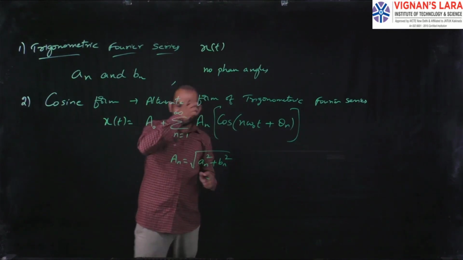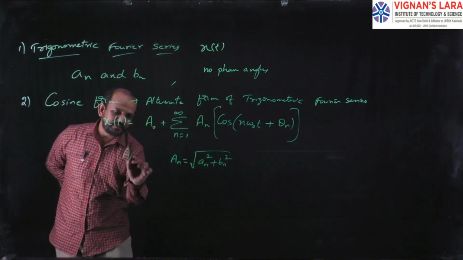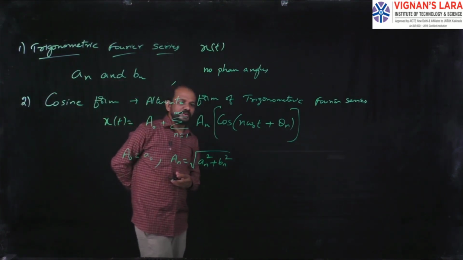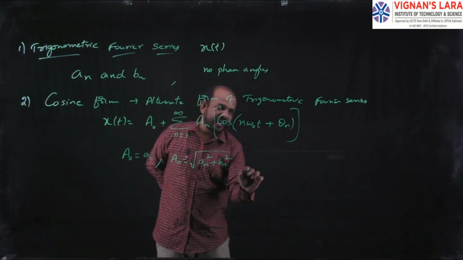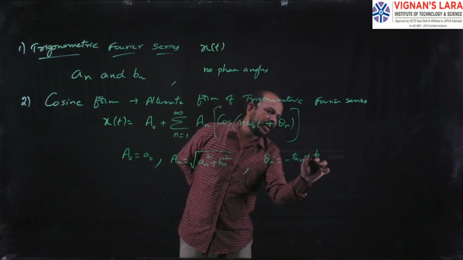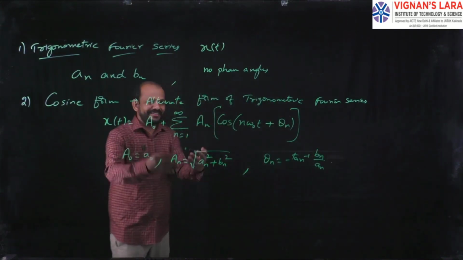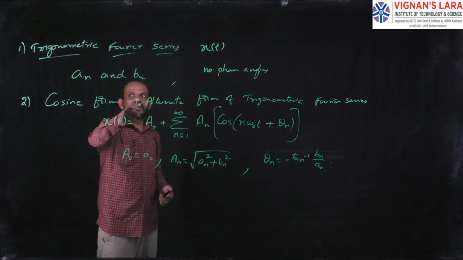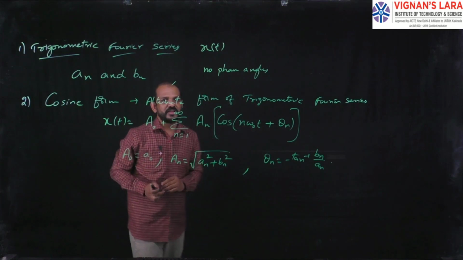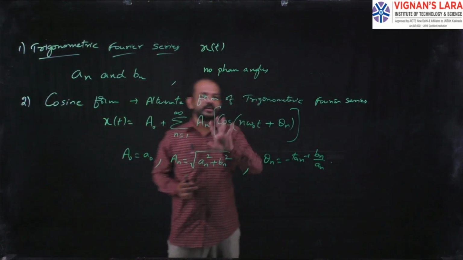Hence capital A naught will be equal to small a naught, An equal to square root of an square plus bn square, and phase angle theta n equal to minus tan inverse of bn by an. So by this conversion I can get the cosine form of Fourier series from trigonometric form of Fourier series. Just using these conversions I will get this. Hence it is nothing but the alternate form of trigonometric Fourier series.